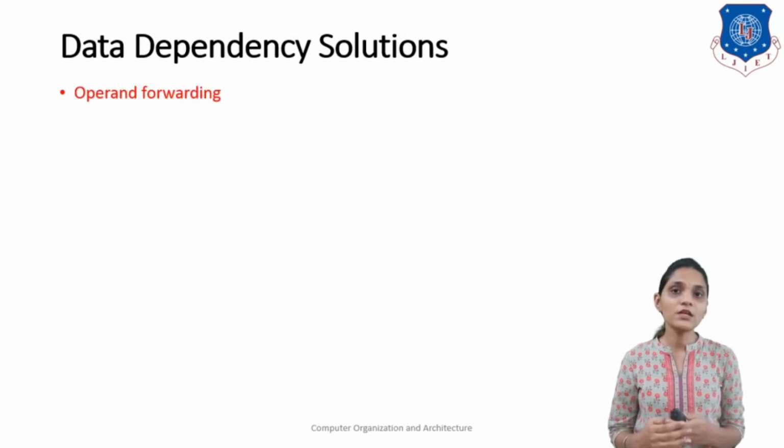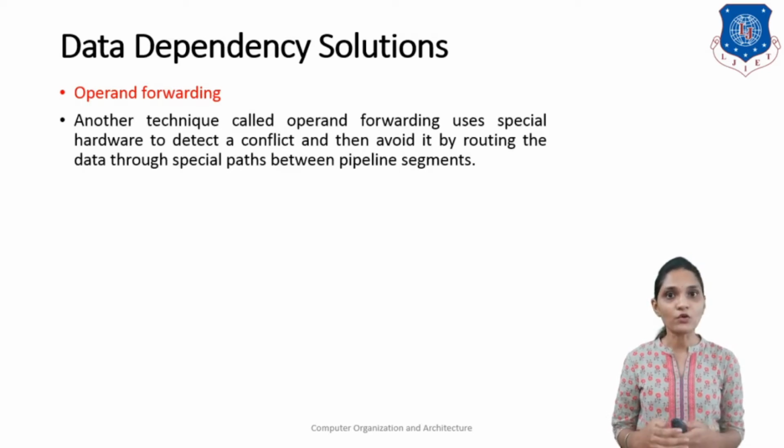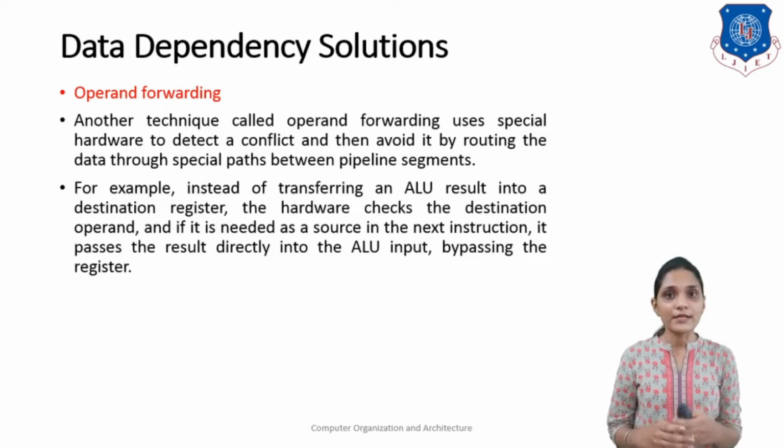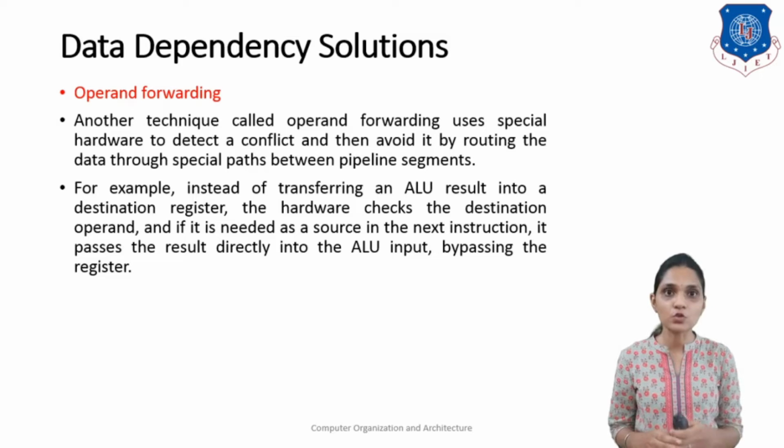The second solution is operand forwarding. This technique uses special hardware to detect a conflict and then avoid it by routing the data through a special path between the pipeline segments. For example, instead of transferring an ALU result into a destination register, the hardware checks the destination operand, and if it is needed as a source in the next instruction, it passes the result directly into the ALU input, bypassing the register.